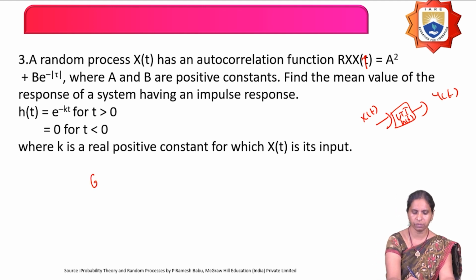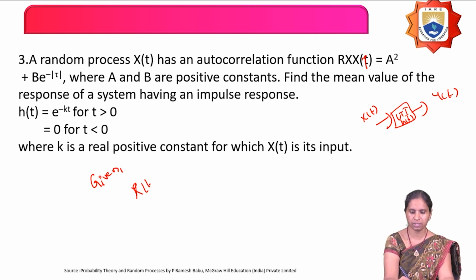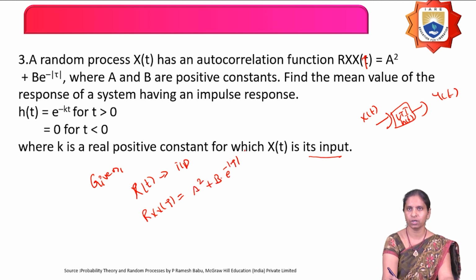So what have they given first? They have given x of t as the input function, and the autocorrelation function Rx of tau equals a square plus b into e power minus mod tau.